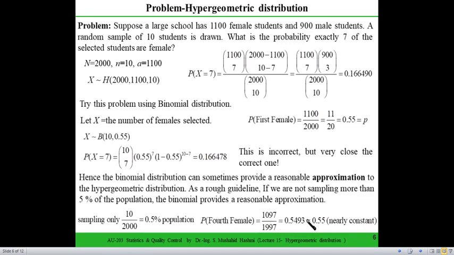So approximately, for the fourth female, there would be a 0.55 probability of being chosen female. If the probability of success is not going to change much, then you can use the binomial approximation for this situation as well.